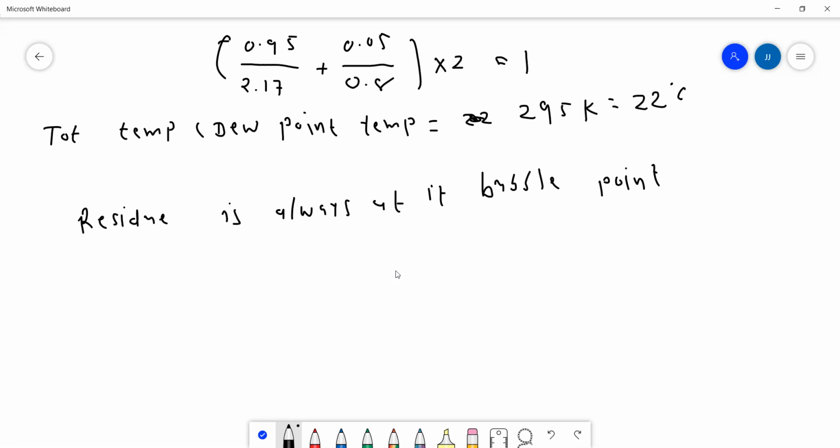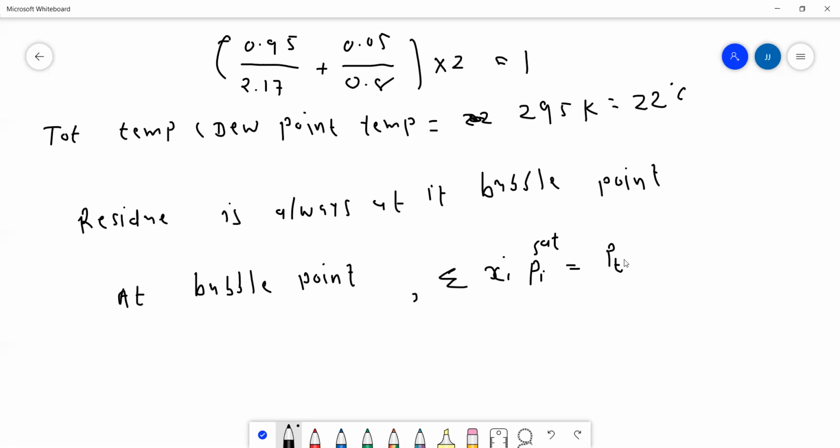So at bubble point, we know that the summation of xi into the individual saturated pressure, P sat, that is the vapor pressure, is equal to PT.